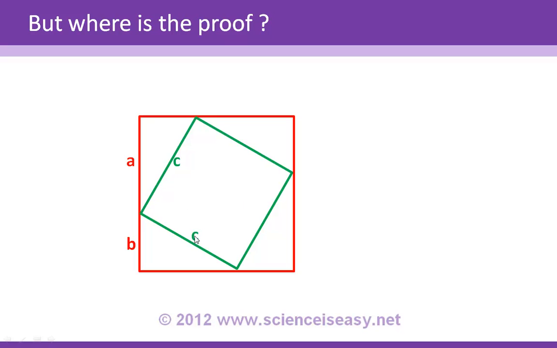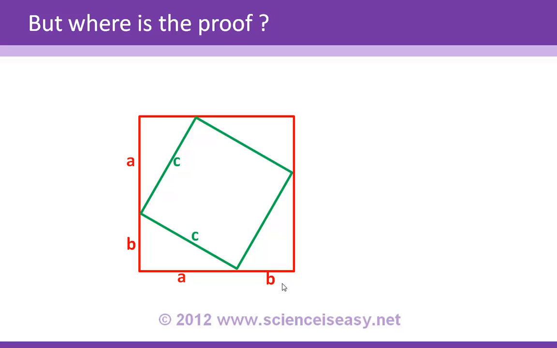Let's say these are the dimensions. c is the dimension of the small square, and this portion is a, this portion is b. You can see something interesting over here. If the dimension of this is a, then this length will automatically be a. And if this is b, then this length will also be b.